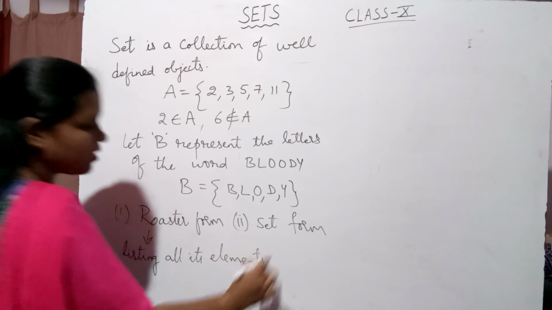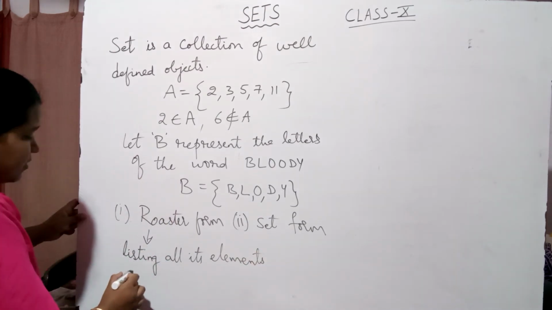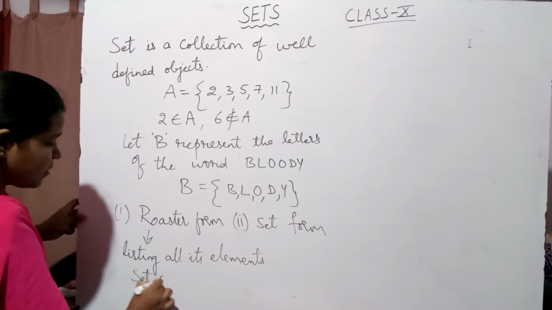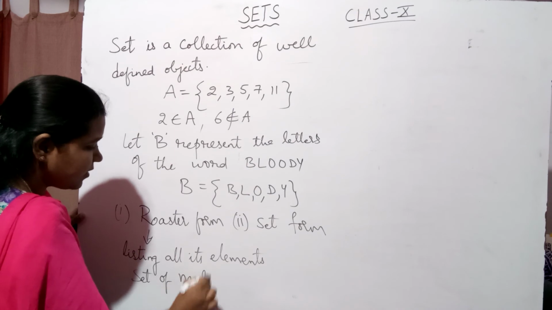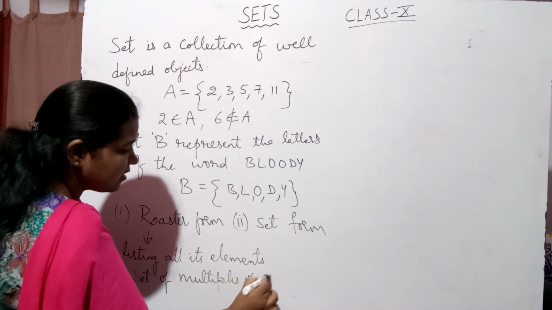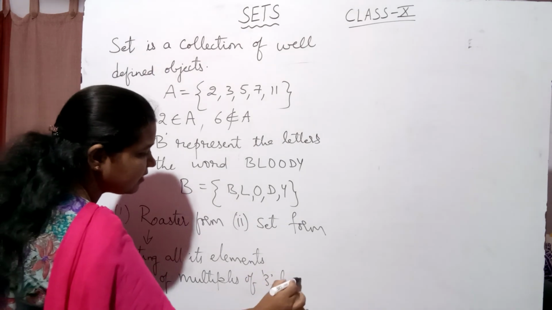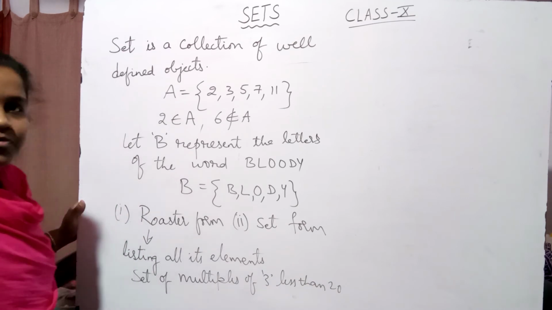For example, if I take the set of multiples of 3 less than 20, what are the multiples of 3?